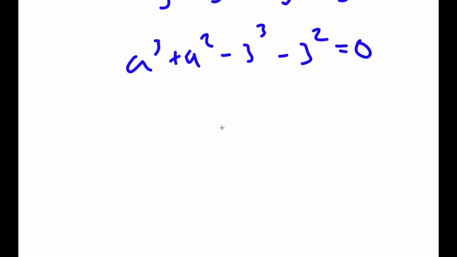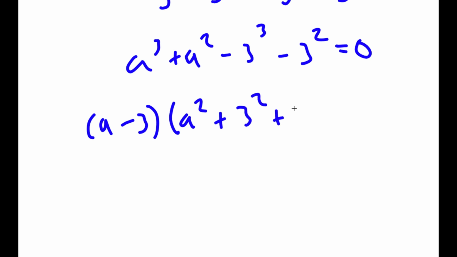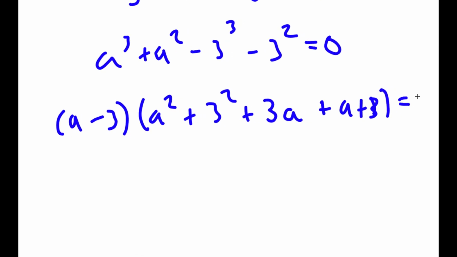Now I can rewrite this to be in the form a minus 3 times a squared plus 3a plus 3 squared plus a plus 3 is equal to 0.